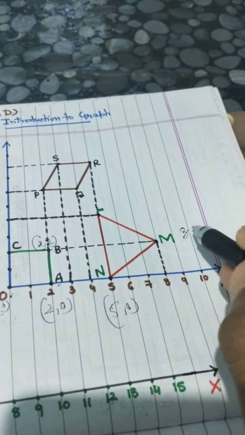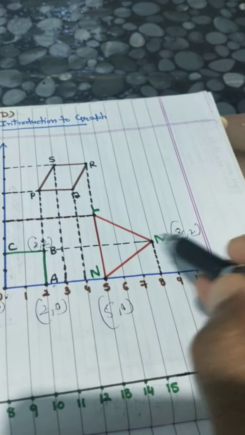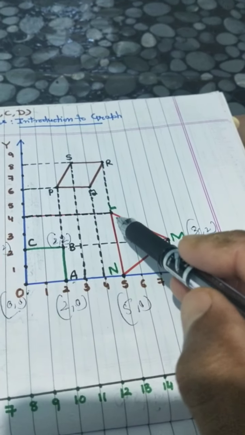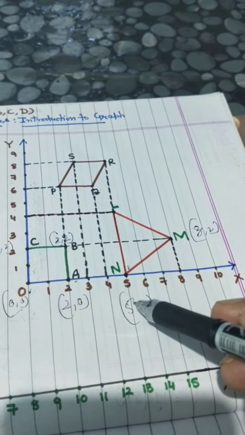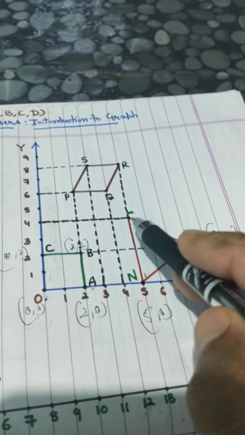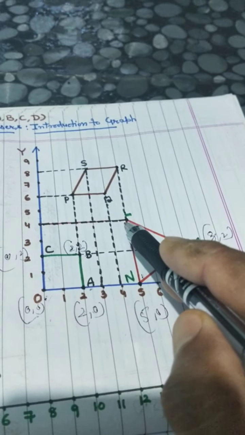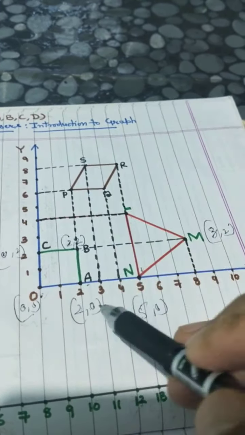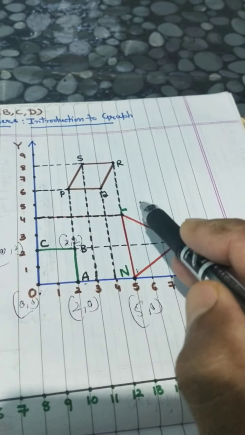M is (8, 2). And L: the x coordinate is 5 and y is 4.